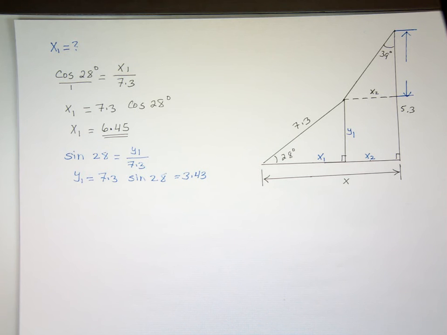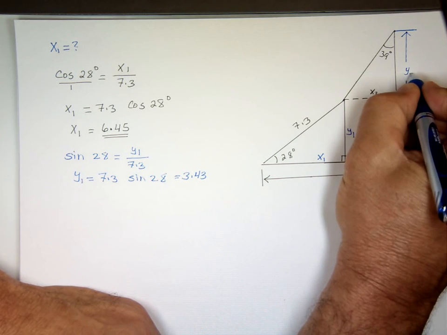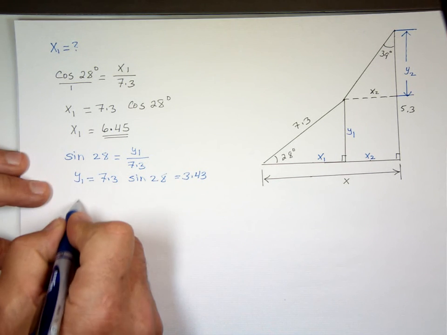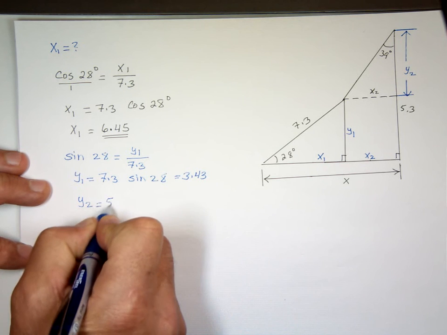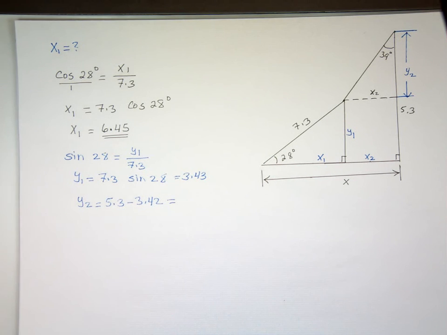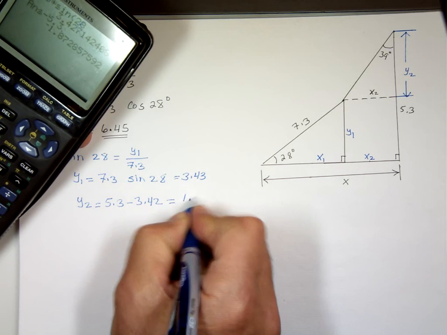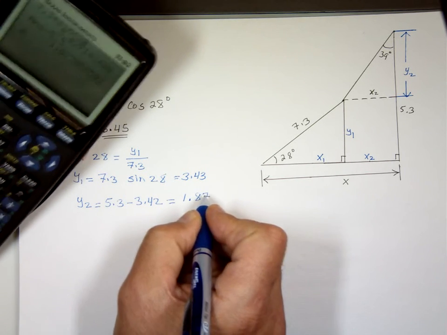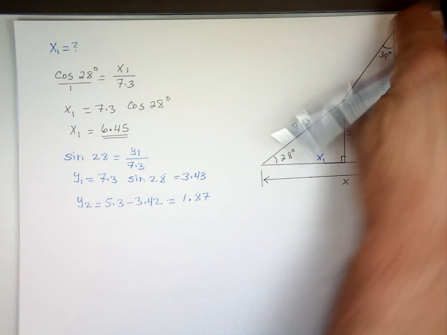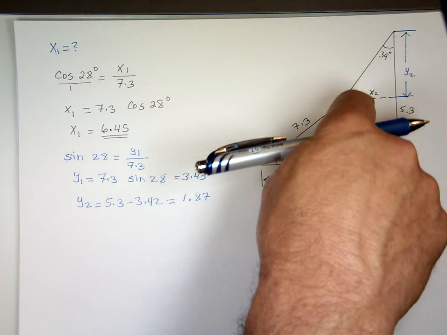Now let's call this y sub 2. Can I find what y sub 2 is going to be? So y sub 2 is going to be 5.3 minus 3.42. Is it 1.87? Now I know this side, I know this angle, I'm looking for that. Opposite, adjacent.